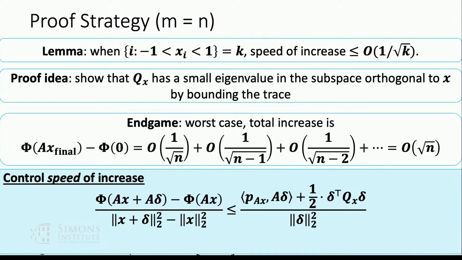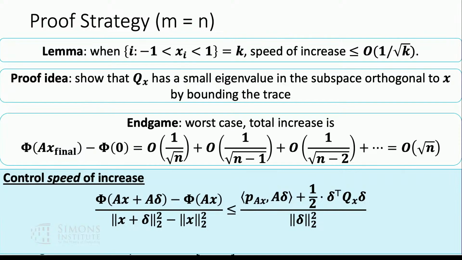Now, what can happen in the worst case is that I just keep increasing x until its squared norm becomes exactly 1, and it just happens that it has frozen a coordinate, right? At that point, I have n minus 1 coordinates left available, and the speed of increase of phi becomes slightly larger, 1 over root n minus 1.